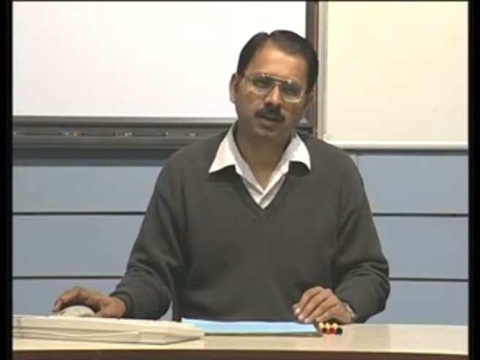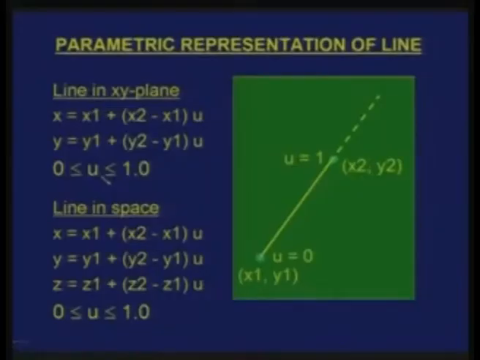The same equation can also be used to represent a line which extends infinitely. In that case you just change the parameter range for u. You say that u varies from minus infinity to plus infinity. So, I have the same form as y is equal to mx plus c, which is commonly used.